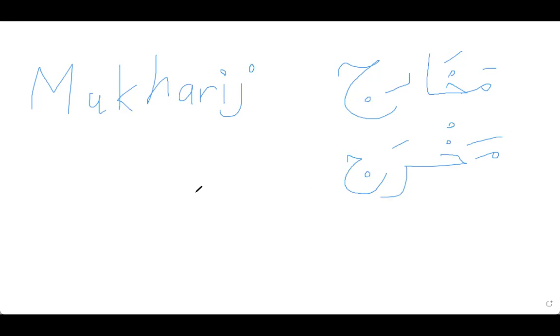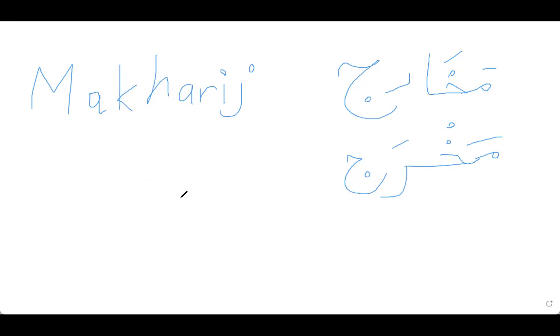When you engage that place, the correct pronunciation of the letter becomes possible. So makhraj is the place from where the correct pronunciation of any letter can occur.